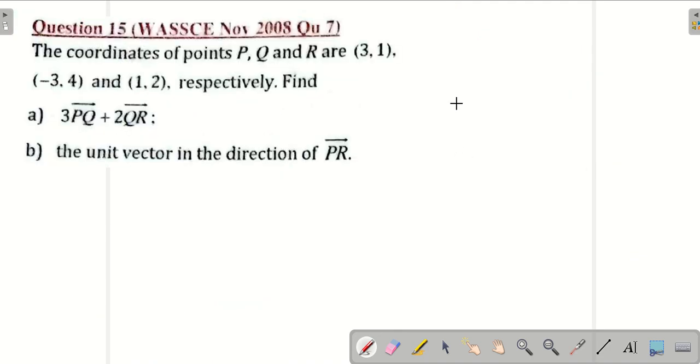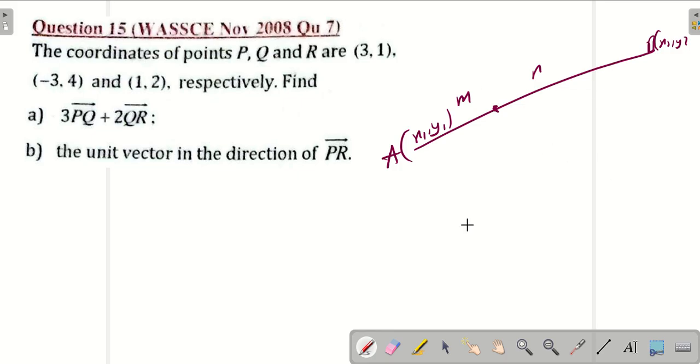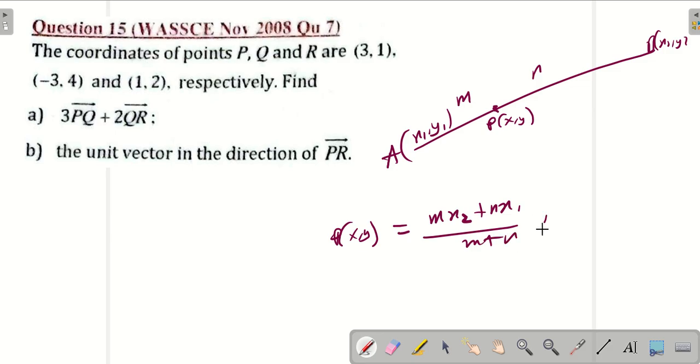Under coordinate geometry, if you have a line, let's say A, x1, y1, B, let's say x2, y2, and you divide the line in the ratio m:n, then we are saying that the point of division xy is given as mx2 plus nx1 all over m plus n, comma, my2 plus ny1 all over m plus n.